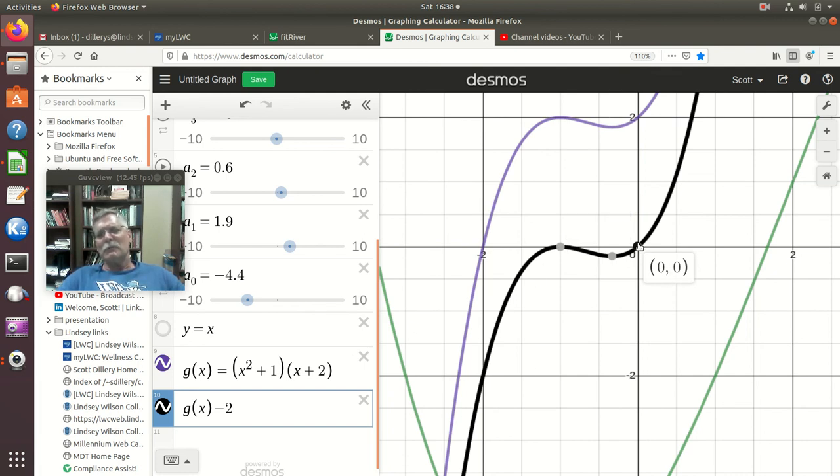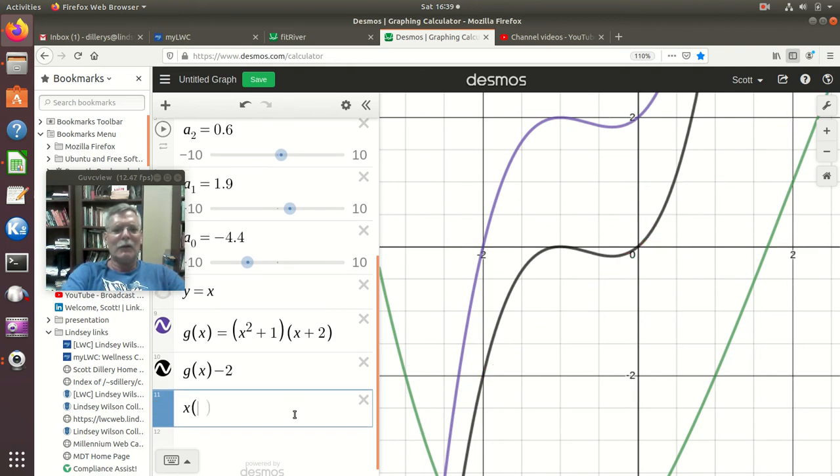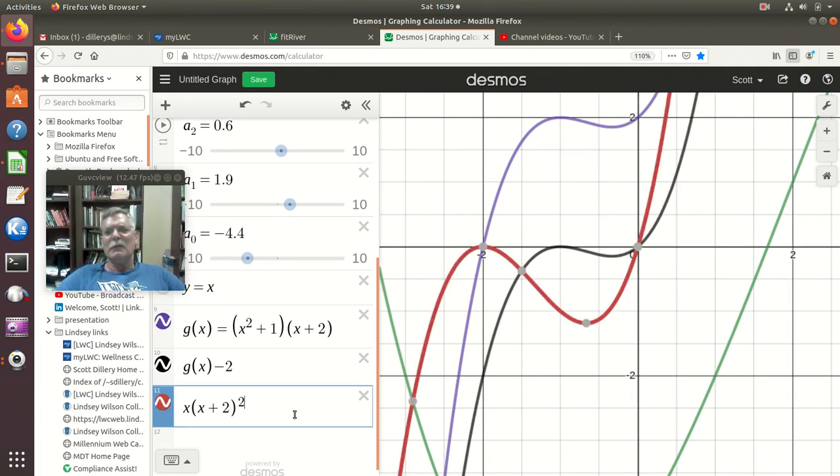Oh, and 0, 0. So interesting. But you know, this is a bit of a tangent, but hey, we're friends here, we can do this sort of thing. It looks like when I subtract 2 off of this, it ends up factoring as x times x plus 2 squared.